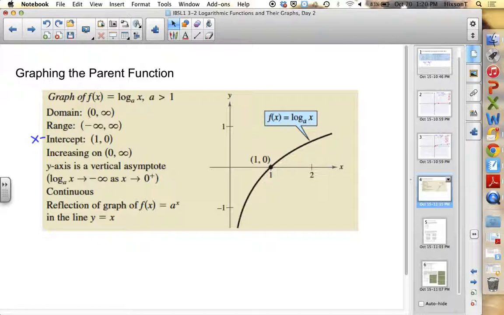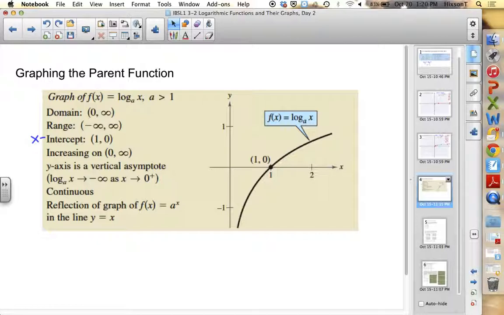But let's look right here. The reflection of the graph of f of x equals a to the x in the line y equals x. What did we get when we reflected something across the line y equals x? The inverse.